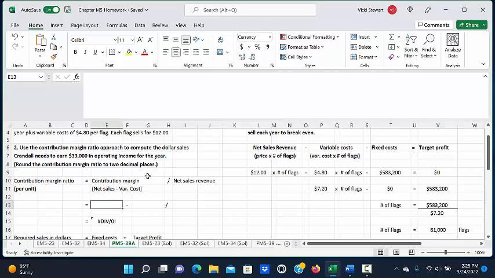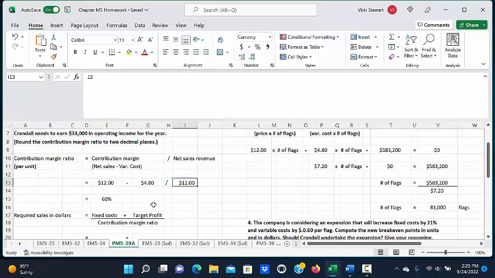Each of our units sells for $12, and our variable cost is $4.80 per flag, and we would divide that by the $12 per flag.